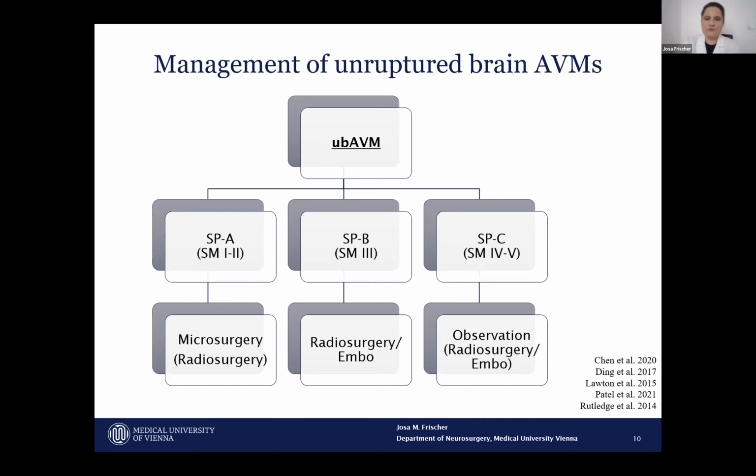But to put it in a way of a consensus for unruptured brain AVMs, many papers, many reviews, many guidelines suggest that for the low grade, Spetzler-Martin 1-2, Spetzler-Ponce grade A, microsurgery is most often the primary treatment of choice, but also radiosurgery.